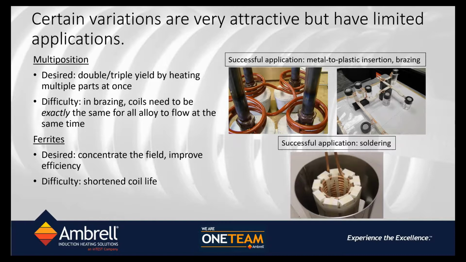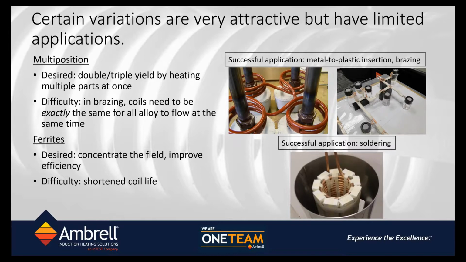There are a lot of ferrite type devices used in induction heating coils, but it's only when you're trying to solve a problem that you try to use ferrite in coils. If you have a problem that cannot be solved by conventional copper coils, then devices like ferrites are available to focus the heat or to take away heat from parts.